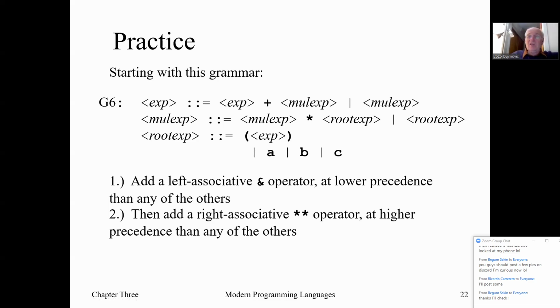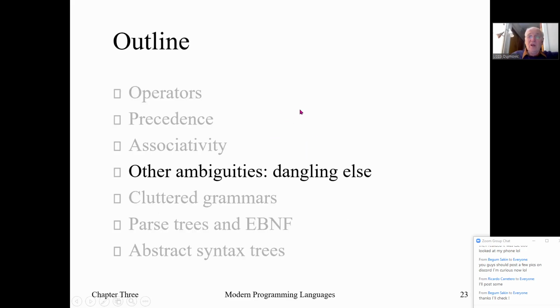So here is another exercise of expanding this grammar. We are not going to do that here, but we'll spend a little bit of time speaking about other ambiguities, in particular ambiguity of so-called dangling else.